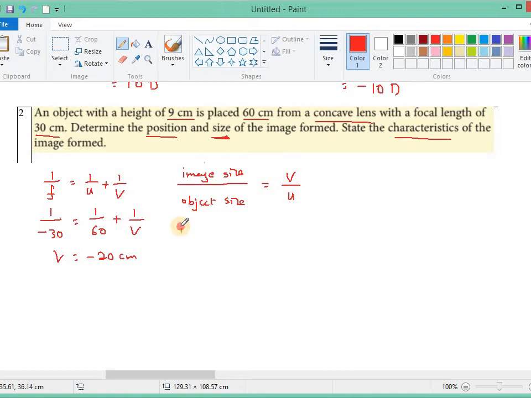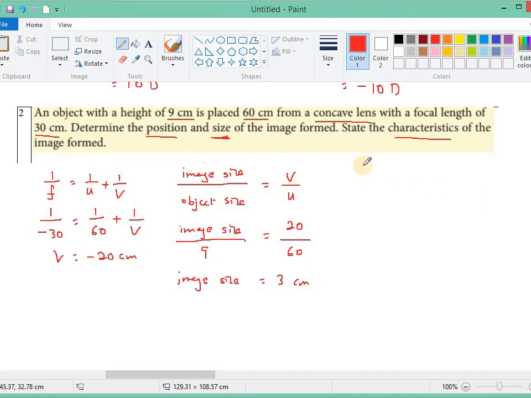So the image size over object size, the height is 9 centimeter. The image distance is 20 centimeter, and the object distance is 60 centimeter. So the image size is 3 centimeter.